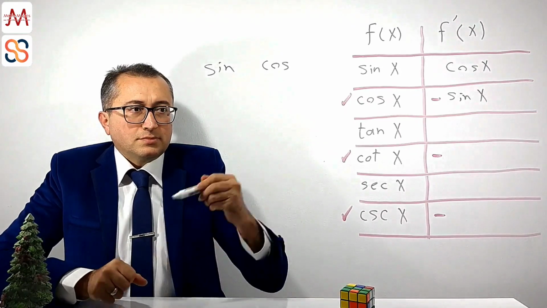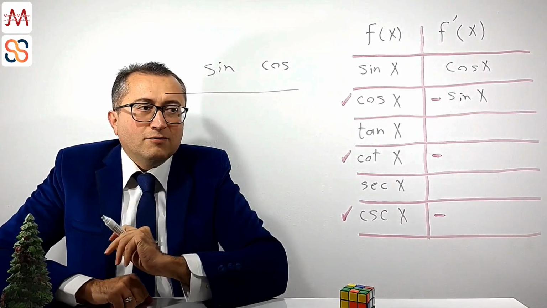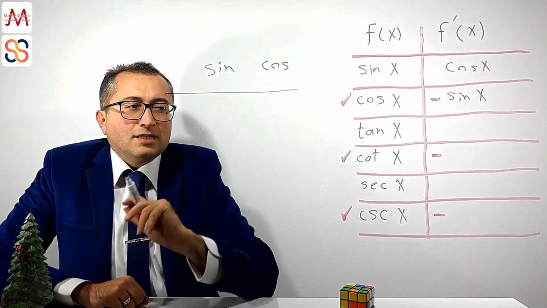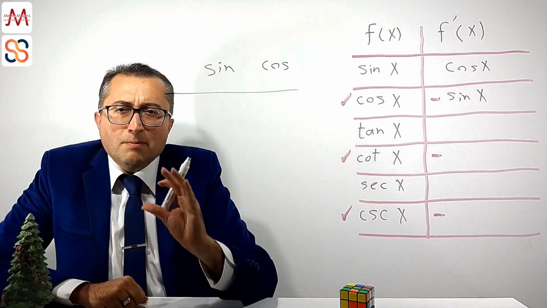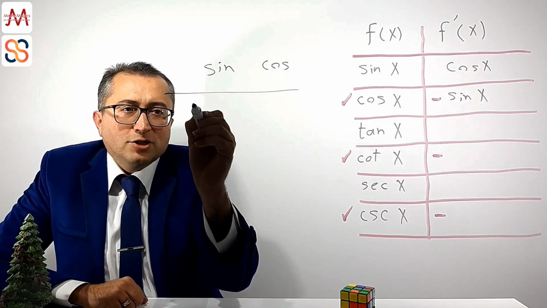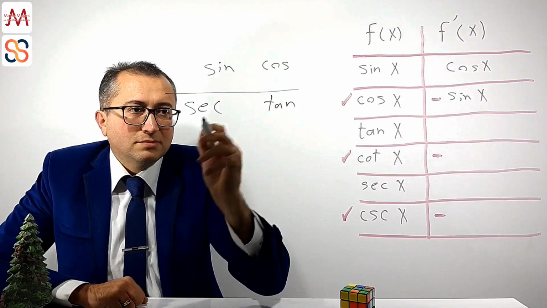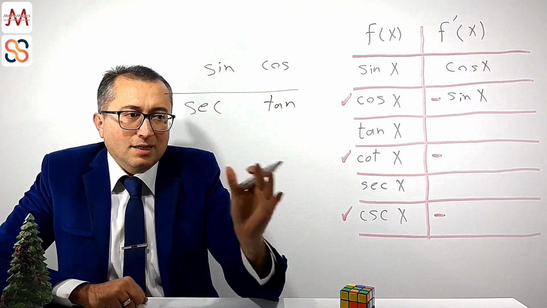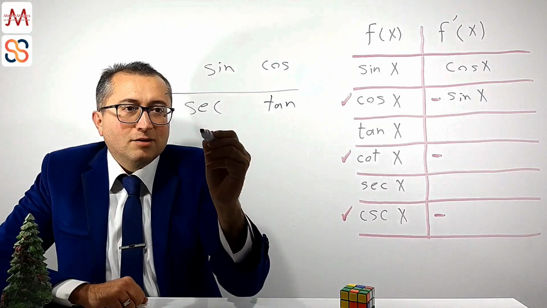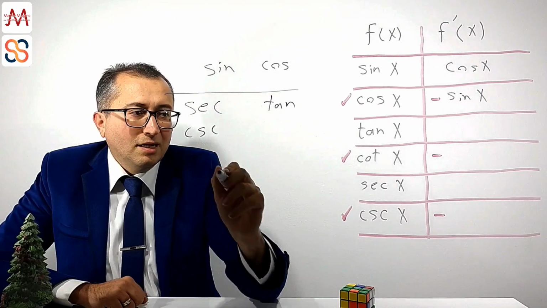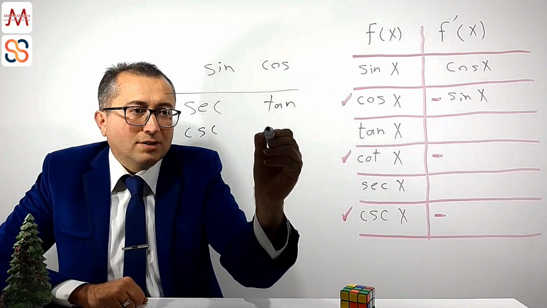So, to take the derivative of them, secant is the best friend of tangent. And similarly, cosecant is the best friend of cotangent.